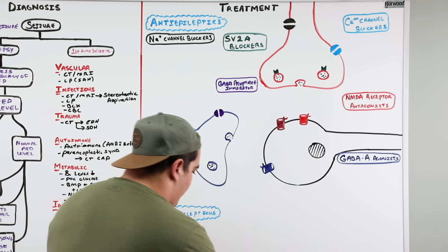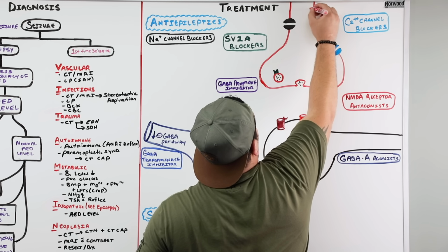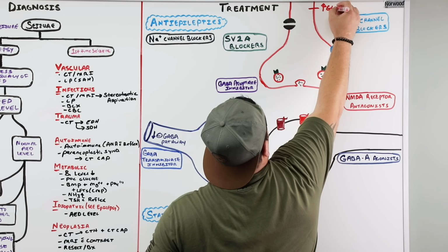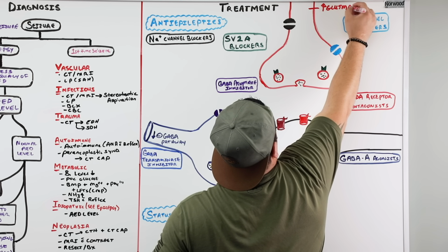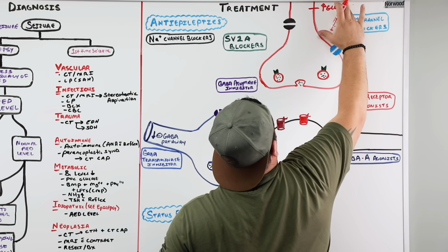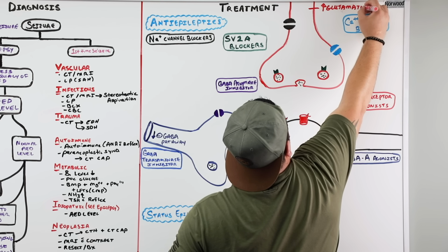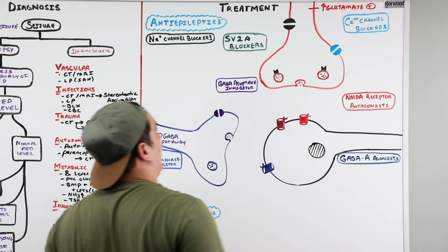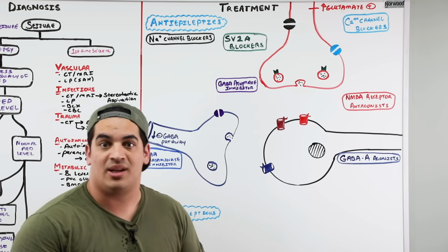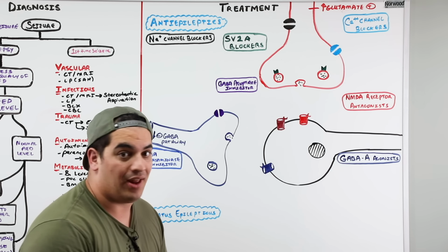The other one is an increase in the glutamate or stimulatory pathway. So it's two causes here that are really kind of hidden here. An increase in the glutamate or stimulatory pathway, or a decrease in the GABA inhibitory pathway.